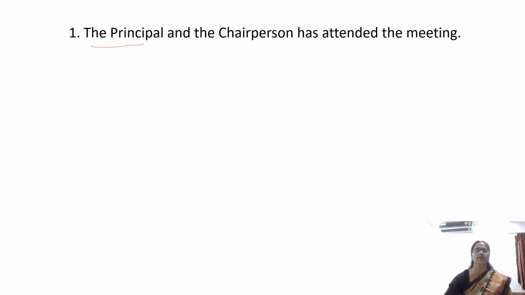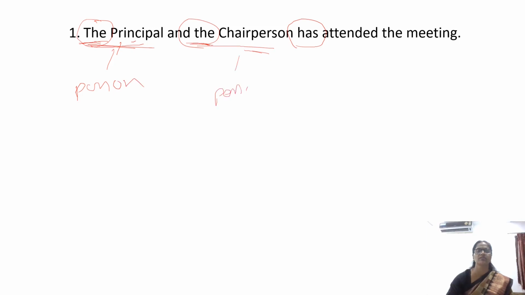The principal and the chairperson has attended the meeting. Subject verb agreement. As I told you already, if an article is used for both, then it is a plural noun. Here we have the principal, with an article, and the chairperson, with an article for chairperson. So he is a separate person and the chairperson is also a separate person.